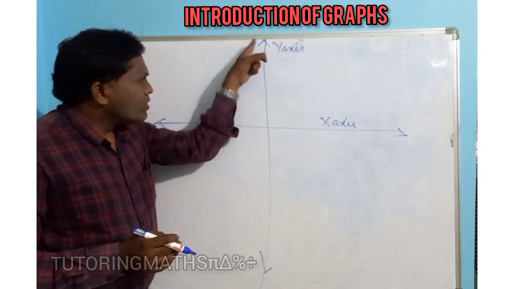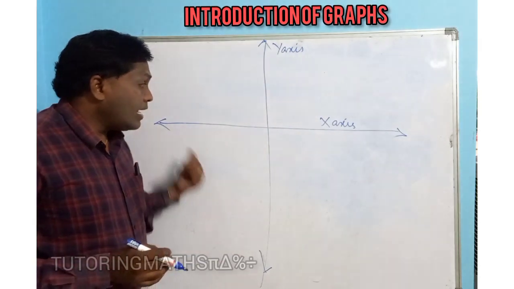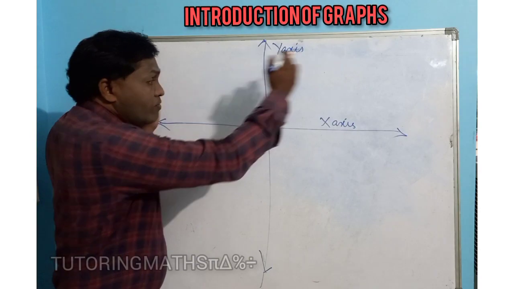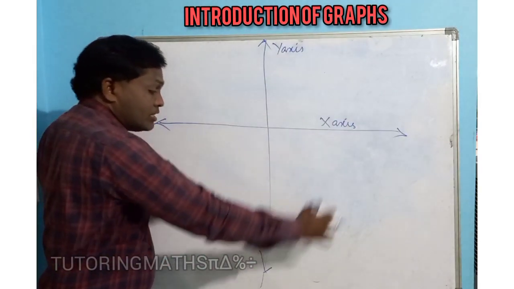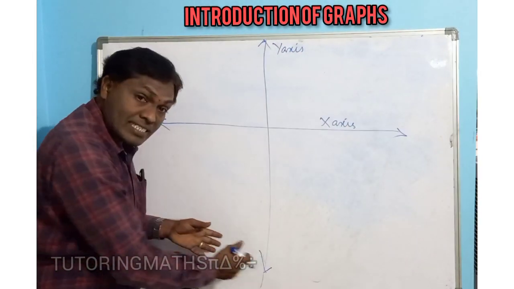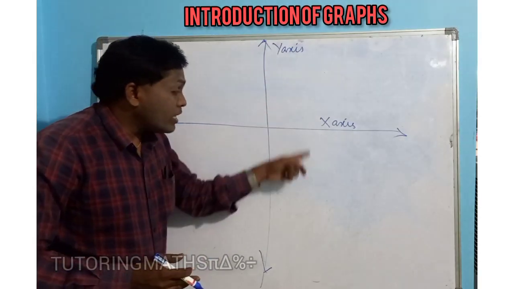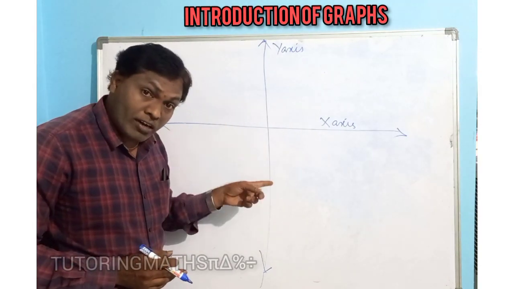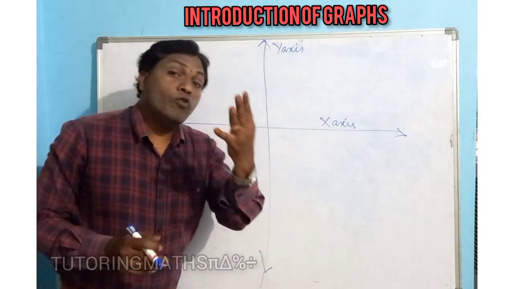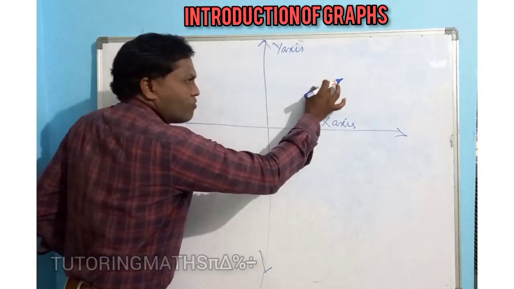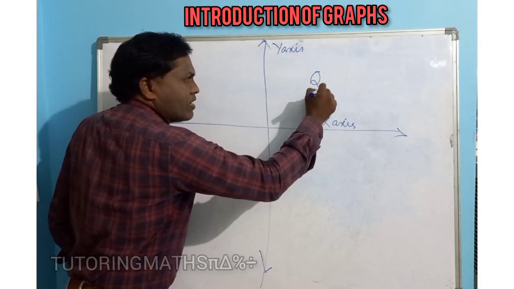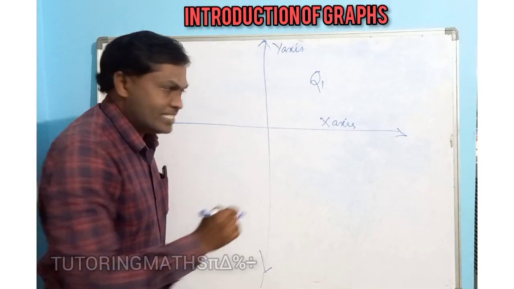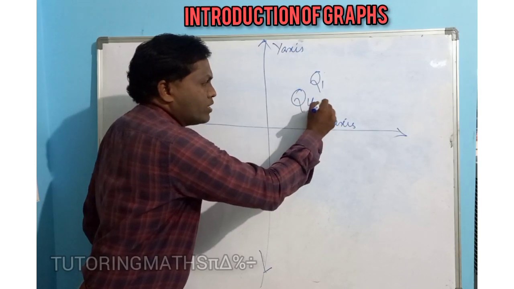These two lines, the vertical line and the horizontal line, the two axes, divide the total plane into four equal parts. So this is called the first part, denoted by Q1 because it is the first quadrant.